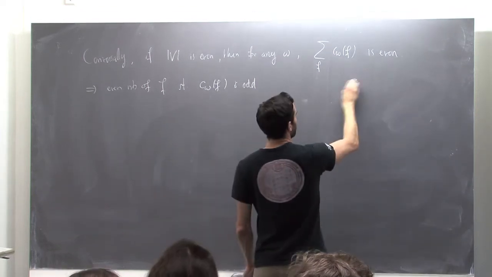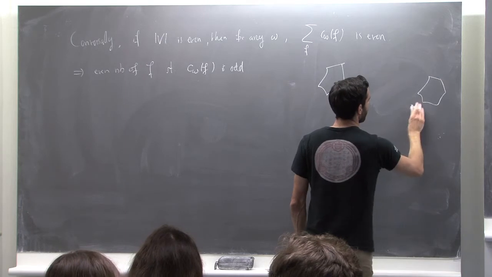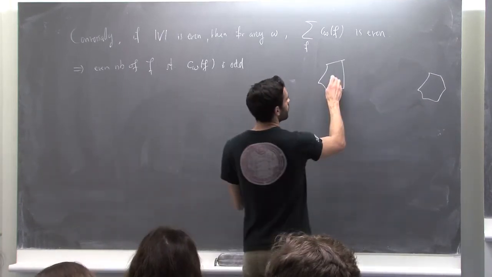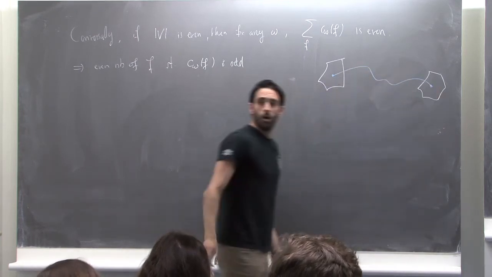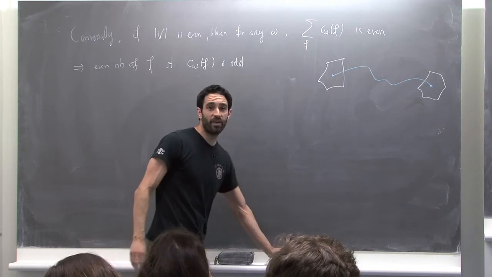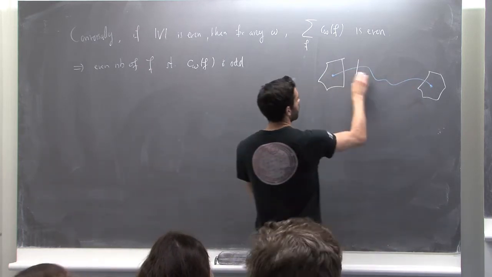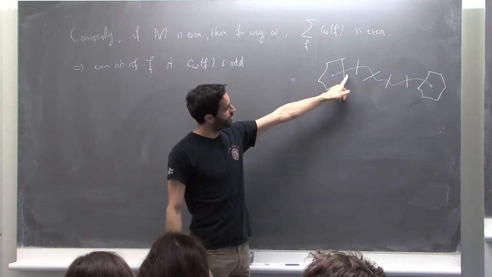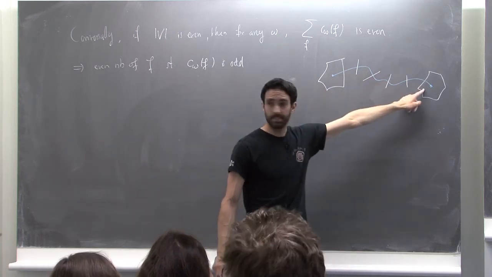Then what do you do? You pair them up. Say I have one of these faces here, another face here. And what you will do is you will consider a path that joins these two faces that is transverse to the graph. And you will invert the orientation omega along every edge that intersects this path.